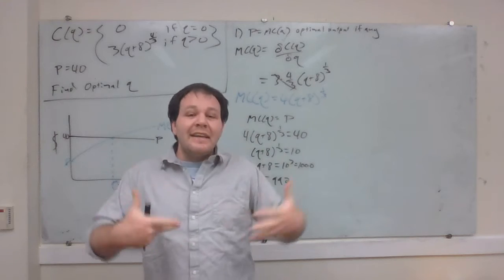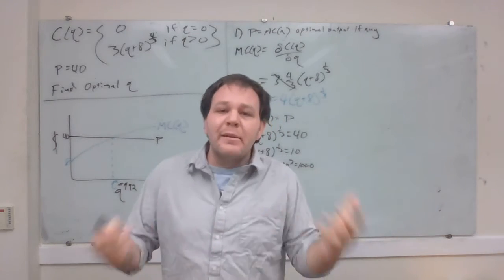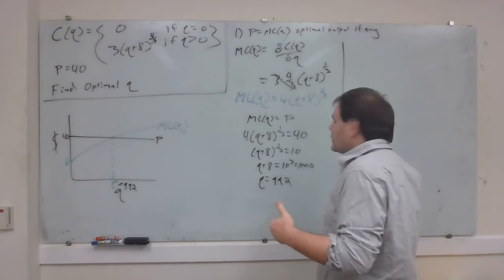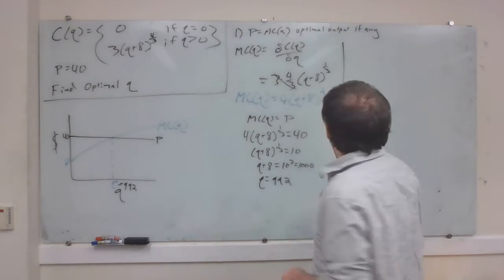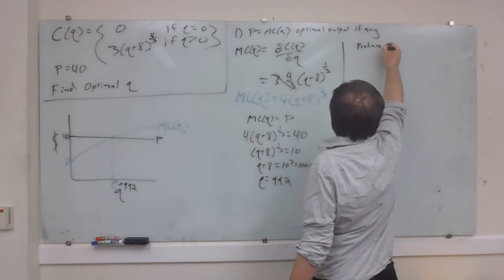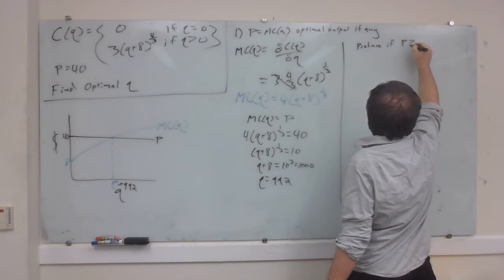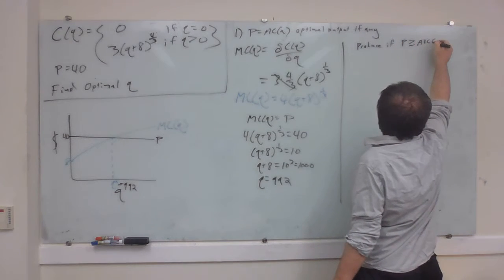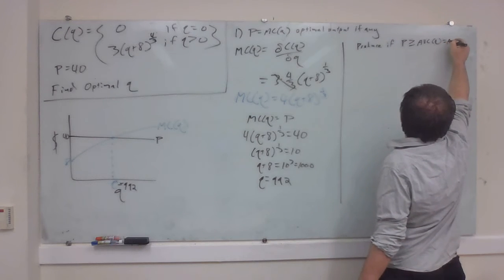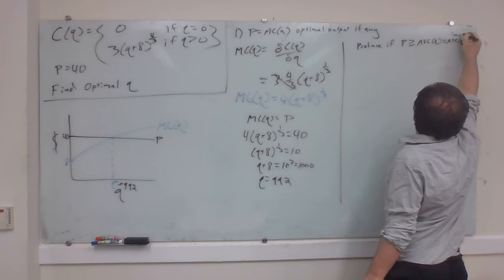Now, we're going to use exactly the same logic in the long run, but remember that in the long run, average variable cost and average total cost are exactly the same thing, right? Because the cost of producing 0 units of output is 0. So we'll say produce if price is greater than or equal to average variable cost of Q, which in this case equals average total cost of Q in the long run.